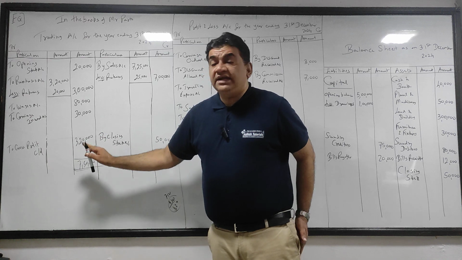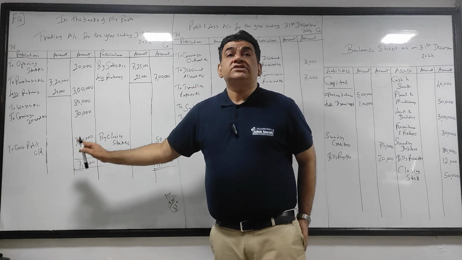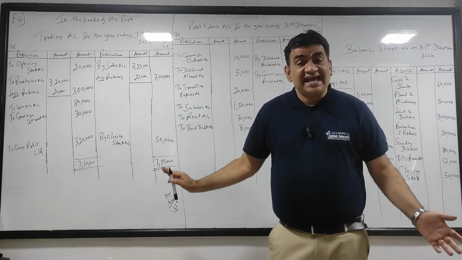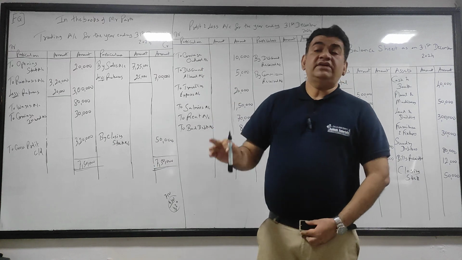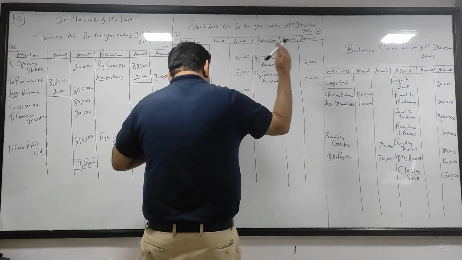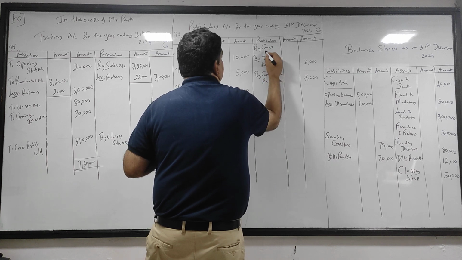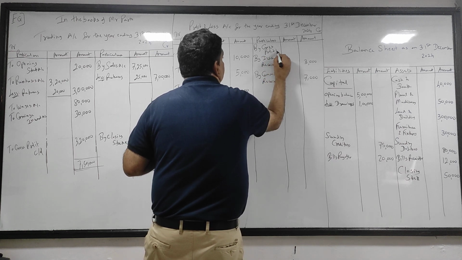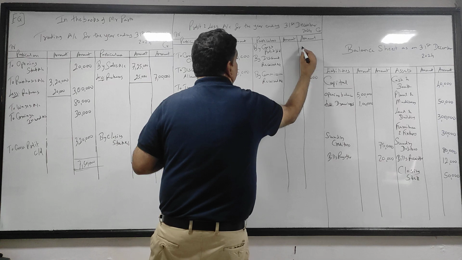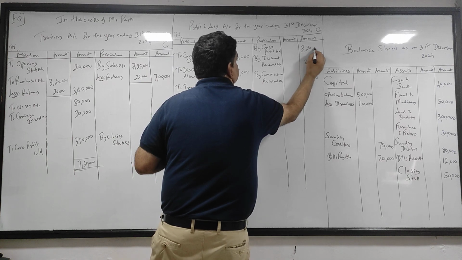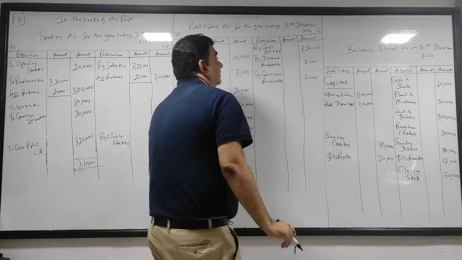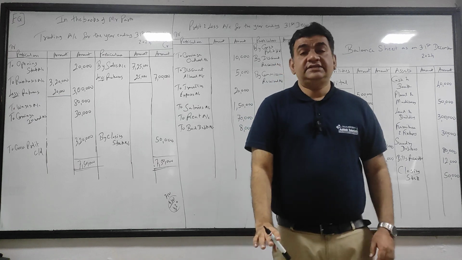So 3,20,000 is gross profit carried down. Why we write the word carried down? Because it goes to P&L. So P&L में आएगा by gross profit brought down, that is 3,20,000. Got it? This you all have done.